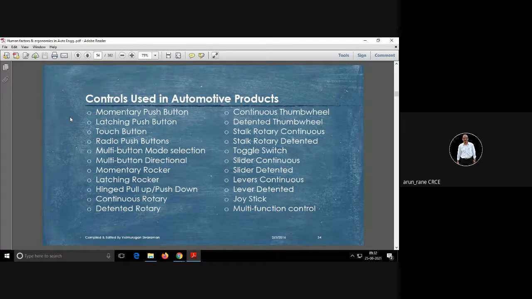For the layman, it is just a push button. But there are different types of push buttons: a momentary push button, a latching push button, that is, it gets locked, a touch button, radio push buttons, multi-button mode selections, and directional multi-buttons. So many types of push buttons, and depending upon the application and the need, you have to select.